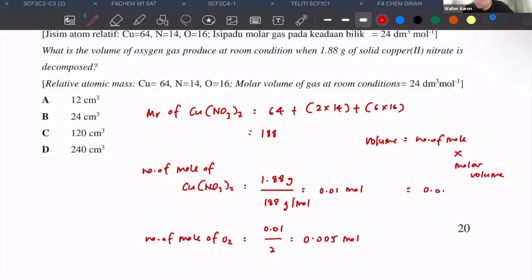So 0.005 multiplied by 24 decimeter cube should give 0.12 decimeter cube. But since the answer wants it in centimeter cube, we multiply by 1,000. So 0.12 times 1,000 will be 120 centimeter cubes of gas. Therefore, the answer here should be C.